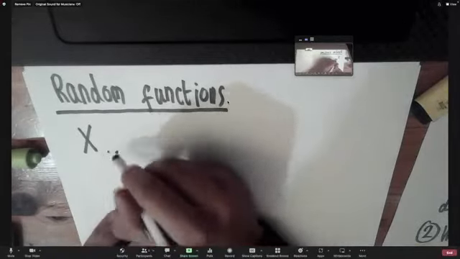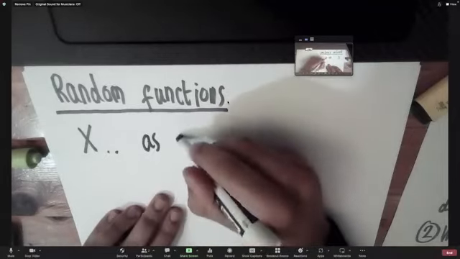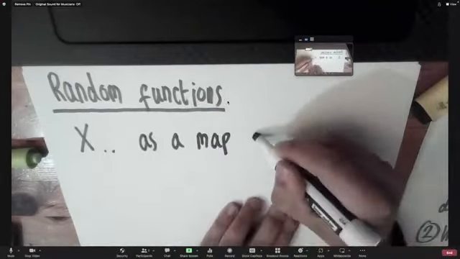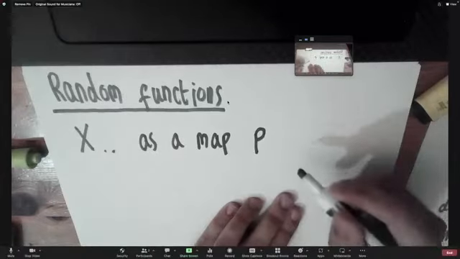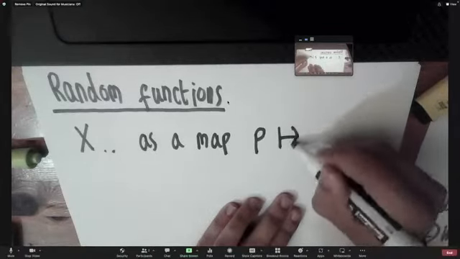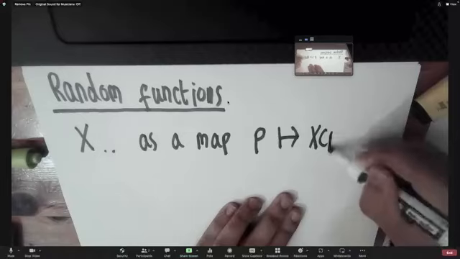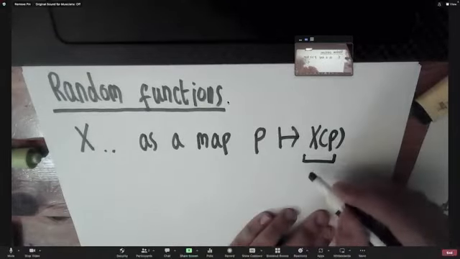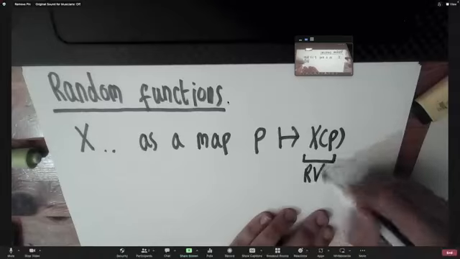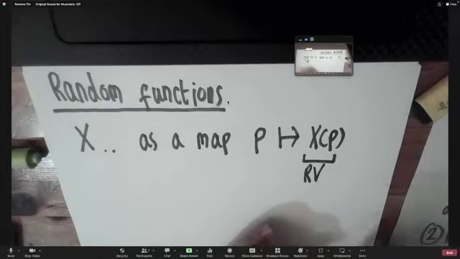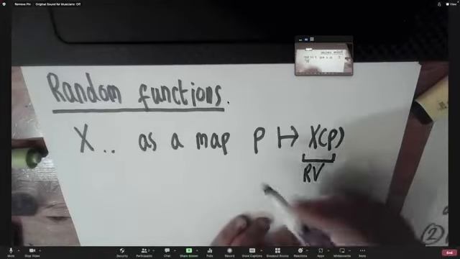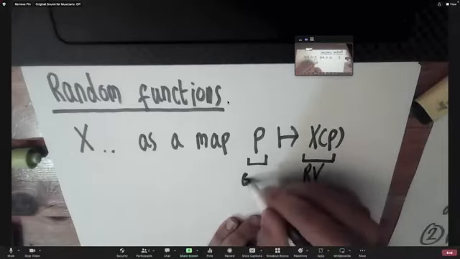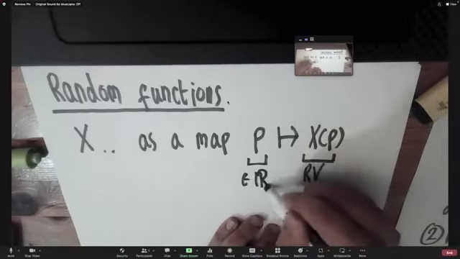So as a map, we might write that it takes in some input p, and it spits out X of p, where X of p is a random variable. The output space is pretty complicated, so I'm going to keep the input fairly simple. Let's assume it's just a single real number, so p belongs to the reals.